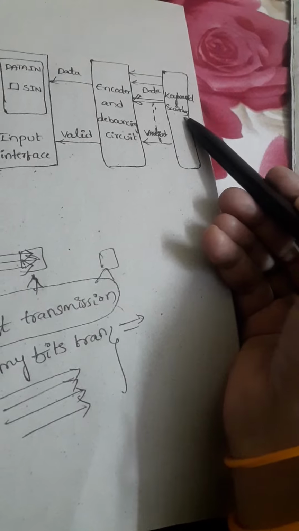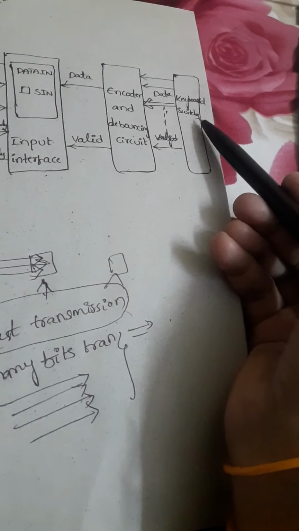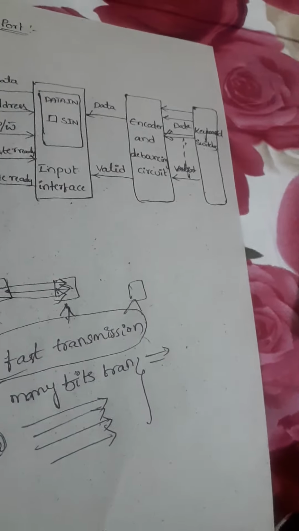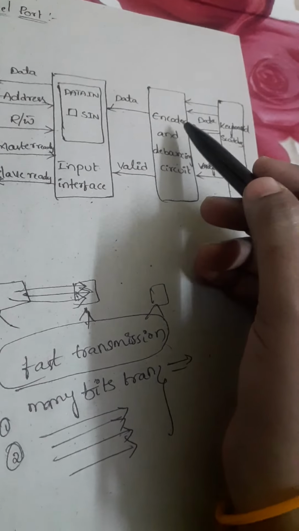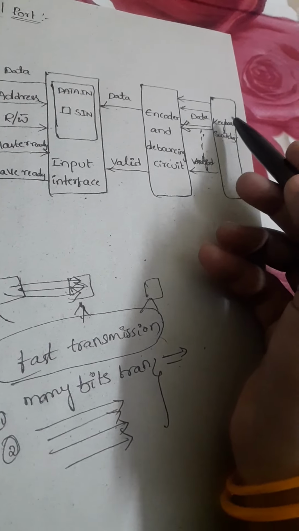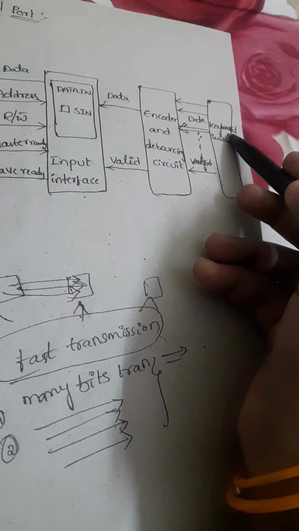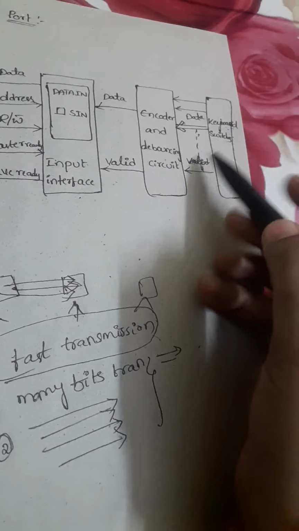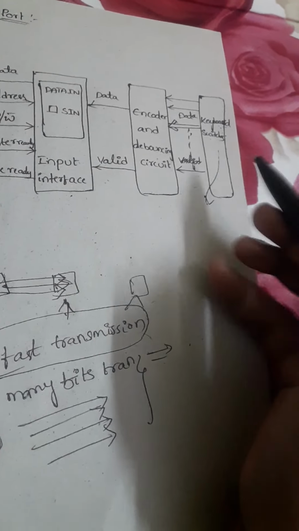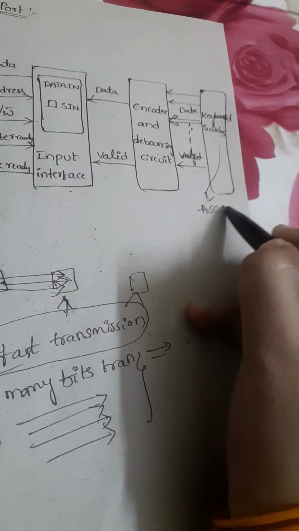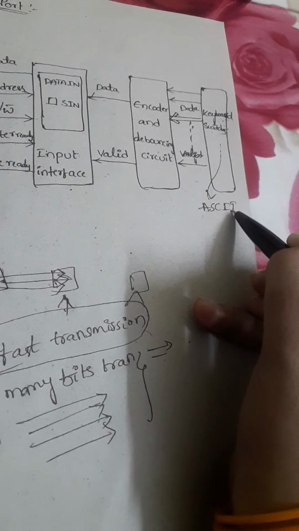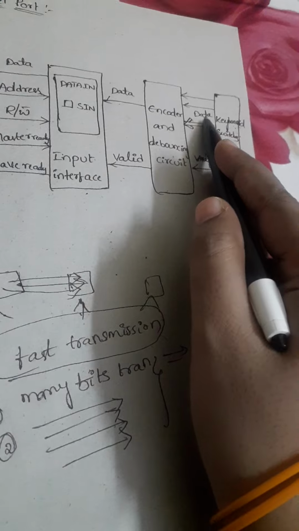Whenever we press a key on the keyboard, it will be converted into codes. We can represent those codes as ASCII codes, and that is called data.